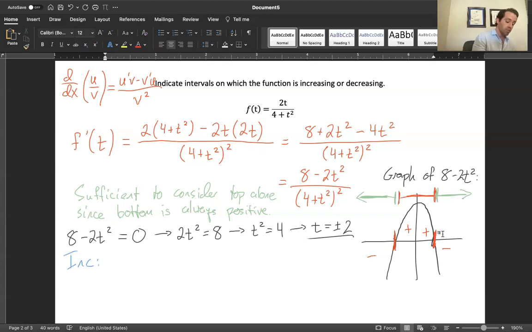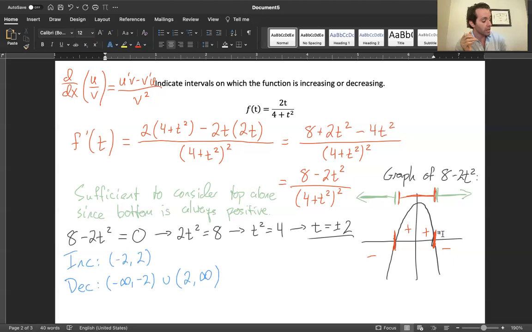It is increasing on the interval where the derivative is a positive number, and that is from -2 to +2. It is decreasing everywhere else, because everywhere else the derivative is a negative number, and that would be from -infinity up to -2. Union, you could just use the word or if you like. You can even use the word and, as long as you don't mean the technical definition of and, because you can't be in both one and the other because they don't touch, but that's a different story.